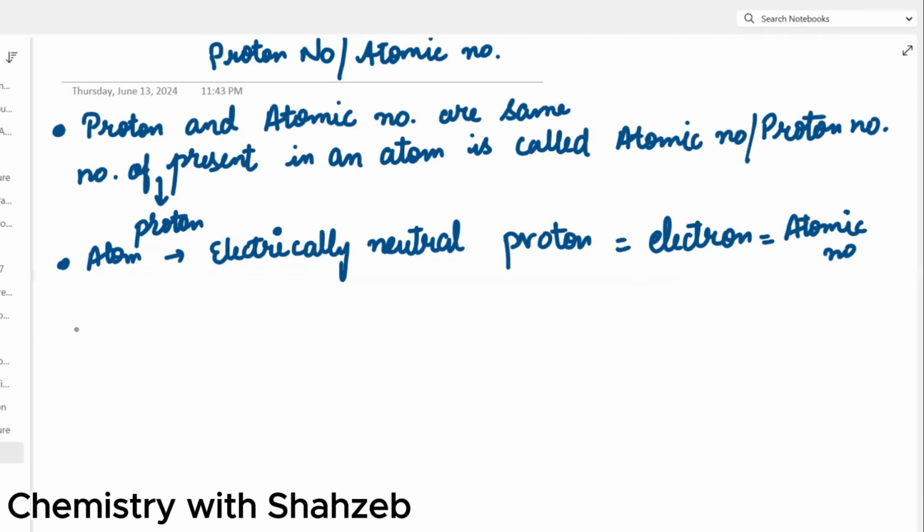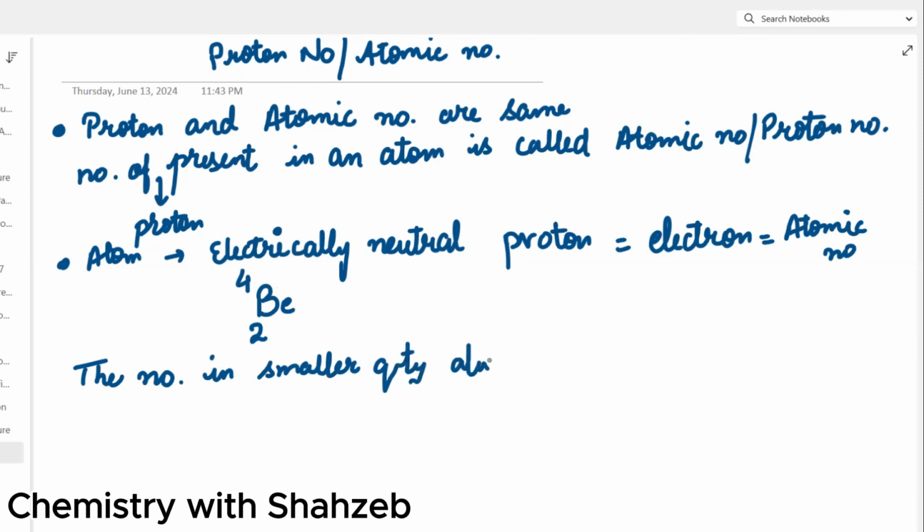Now, if there is an element which is beryllium 2 4, remember the number in smaller quantity always represents atomic number.